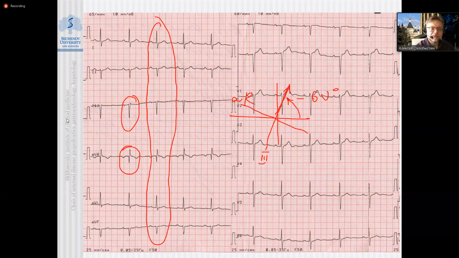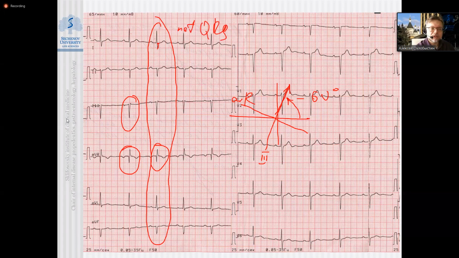Again, deepest or tallest, pay attention to the summation of positive and negative. So we need to subtract negative from positive to find out what will be the net QRS area. This is important, not only the tallest, for instance, as in that case.